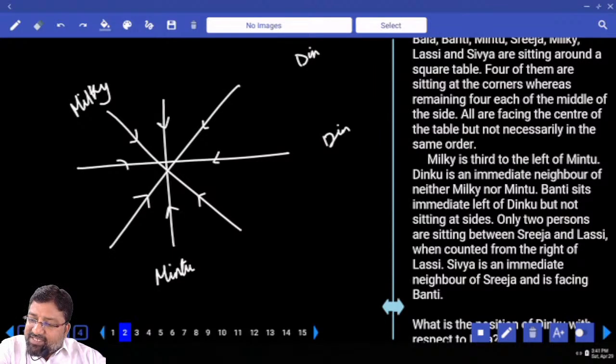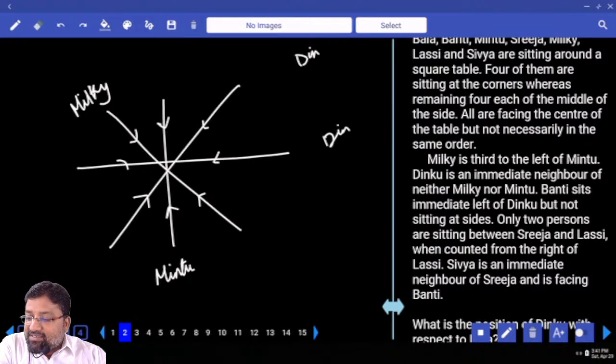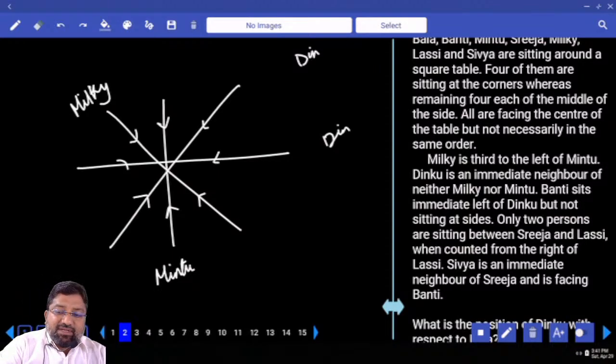Only 2 persons are sitting between Srija and Lassi when counted from the right of Lassi. Sivya is an immediate neighbor of Srija and is facing Bunty. This is a good one for us. If this is Dinku here, this will be Bunty, because Bunty is to the immediate left of Dinku and Bunty is supposed to be opposite to Sivya.